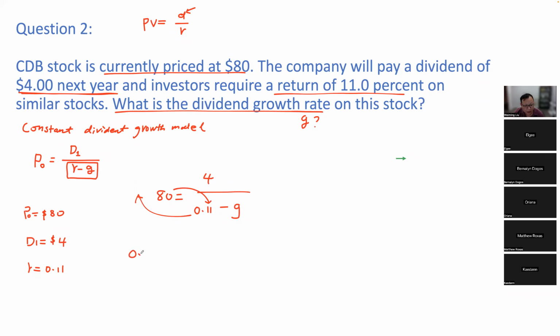So 0.11 minus G equals 4 divided by 80. 4 divided by 80, that's 0.05. So now you know your G equals 0.11 minus 0.05, so you get 0.06. So that's your 6%, okay?